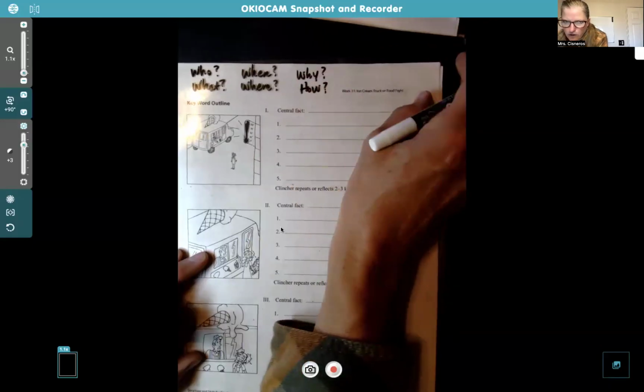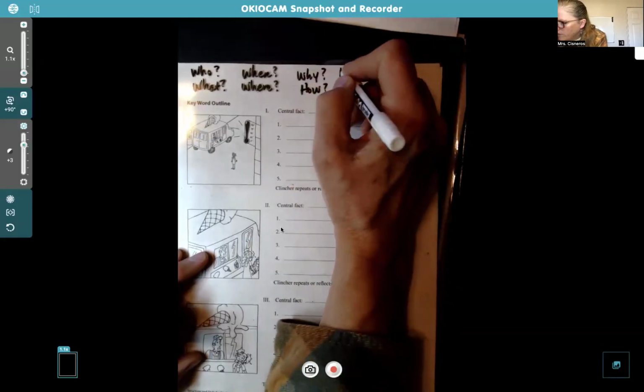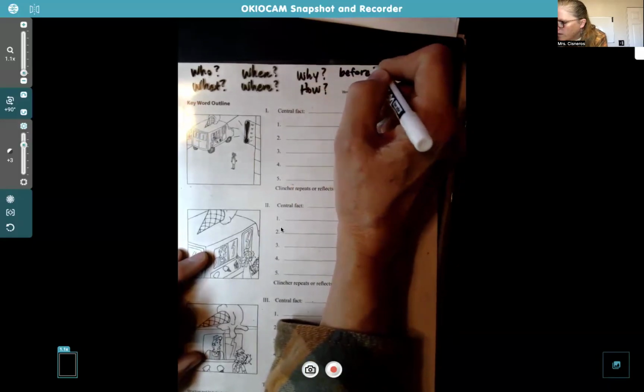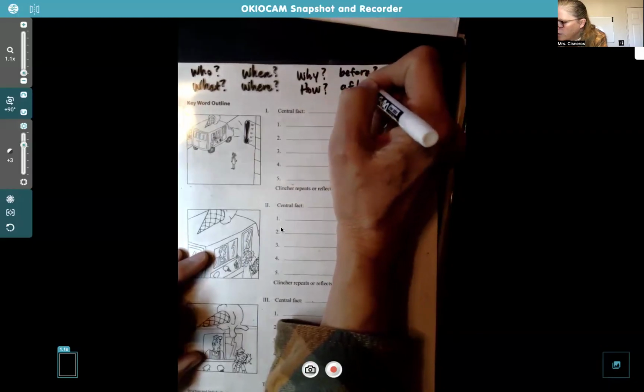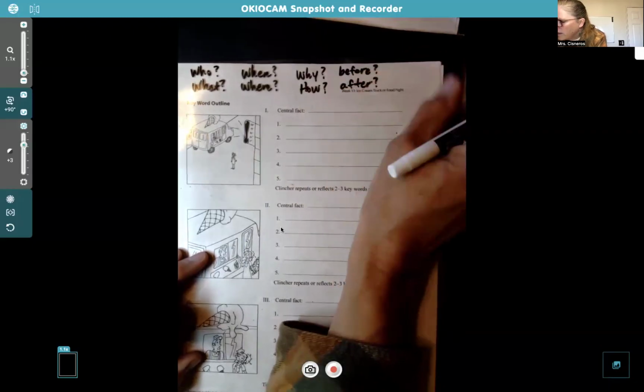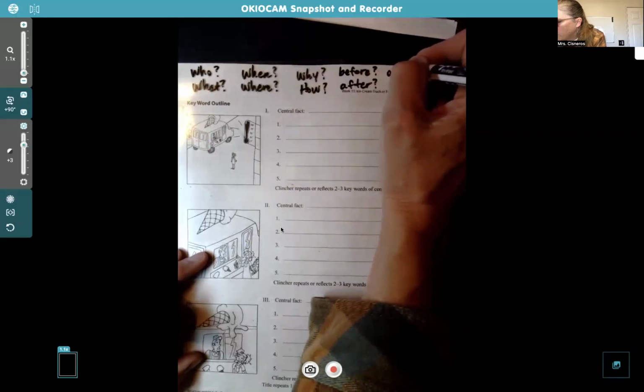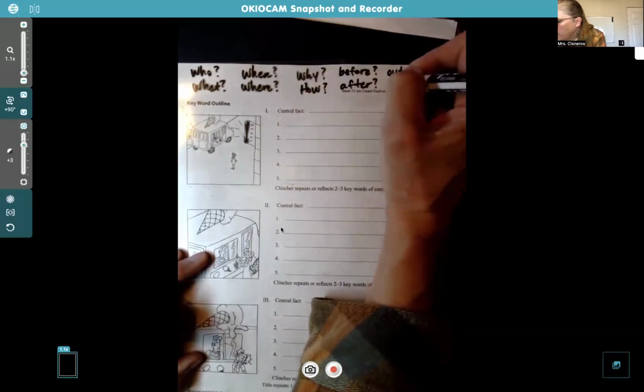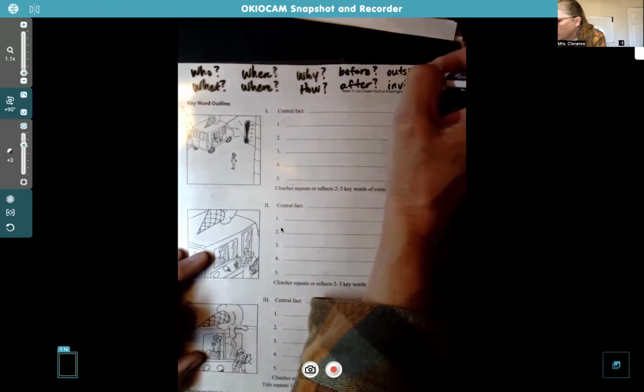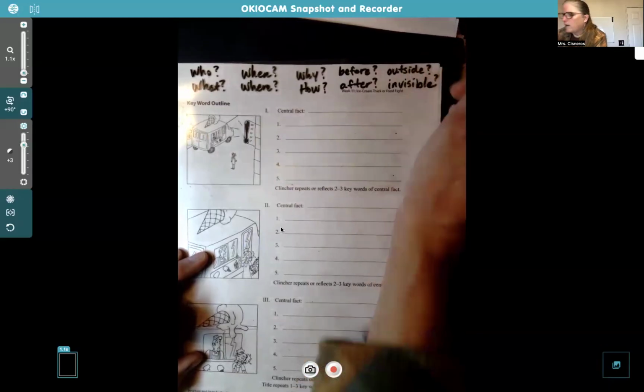And then we had those extra questions: before, after, outside. Remember, outside of the frame of the picture. And then I'm going to add invisible. Is there anything invisible happening?